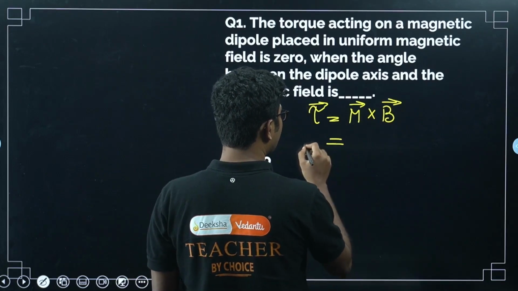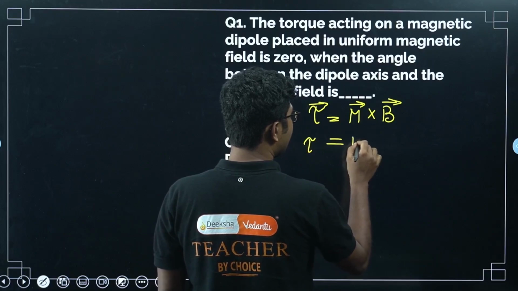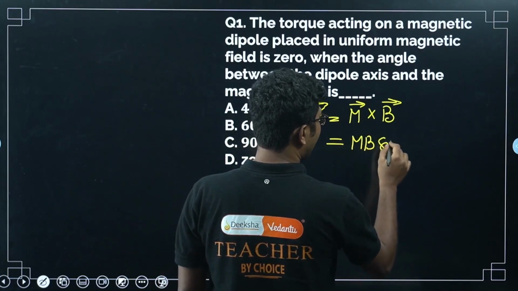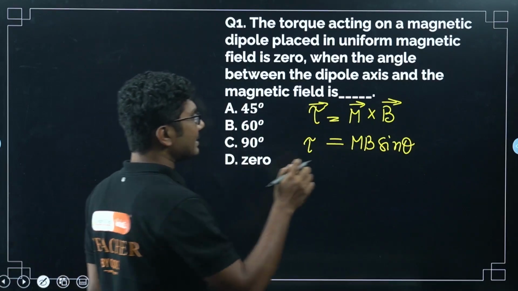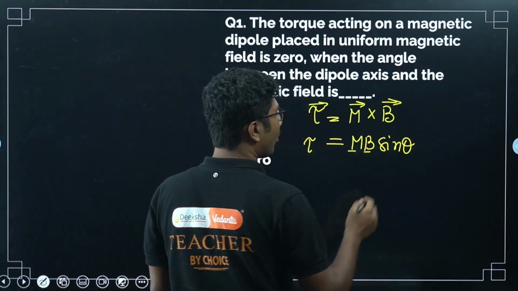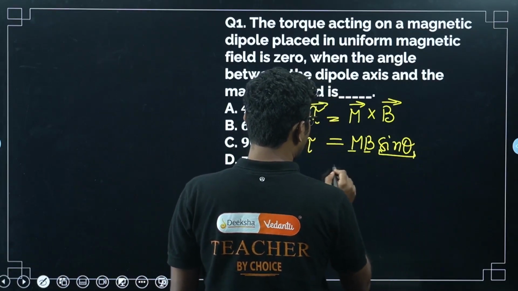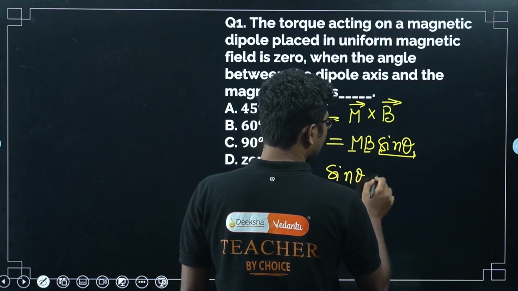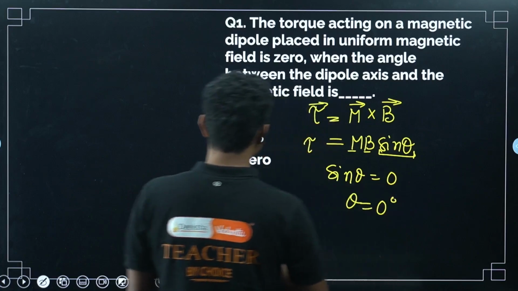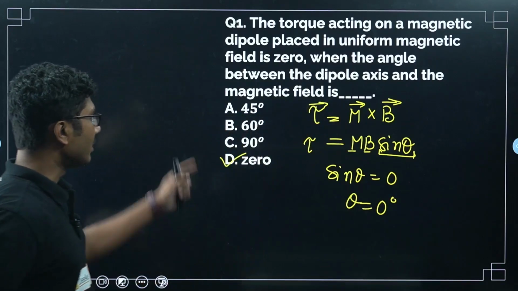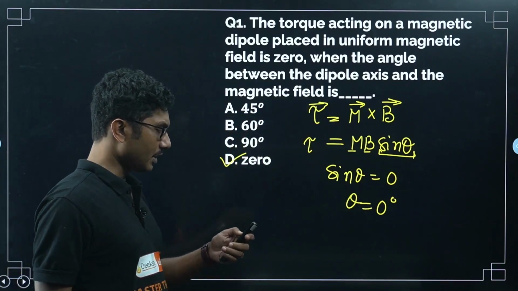In terms of scalar, we can write this as mB sin theta, right? Now if the torque is 0, that means, if m is not 0 and B is not 0, only when sin theta is 0. So sin theta is 0, that means theta should be equal to 0 degrees, right?